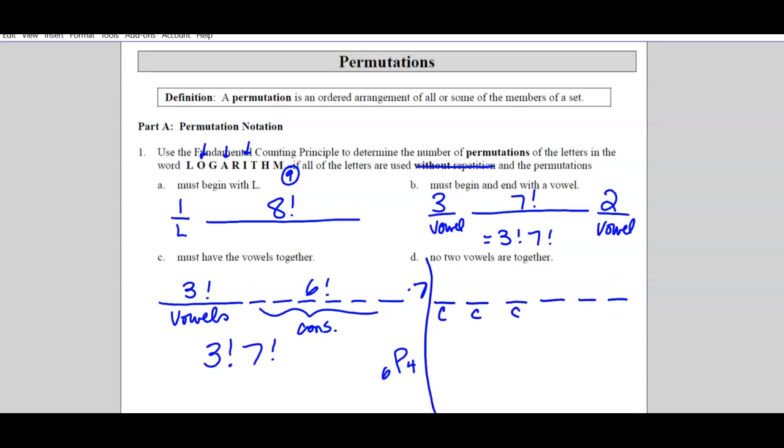So these are our consonants. Okay. So that's going to be 6 factorial for those. And then, so no two vowels together, so we would have to have a vowel either there, there. Okay. So how many possible places for that? 1, 2, 3, 4, 5, 6, 7.